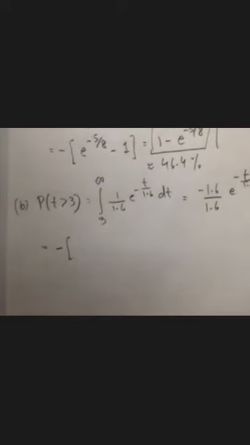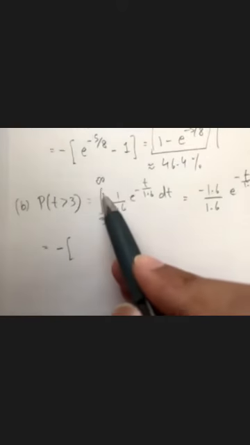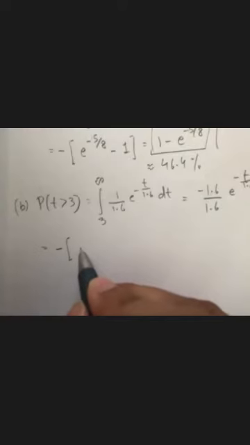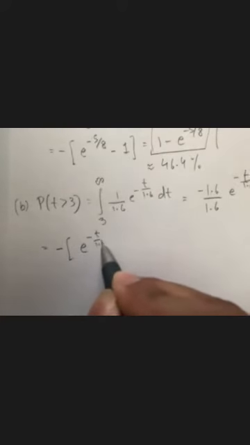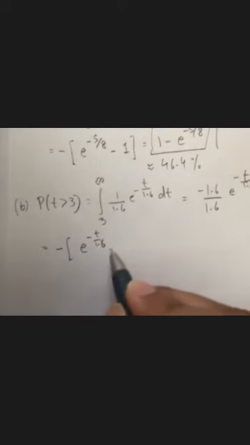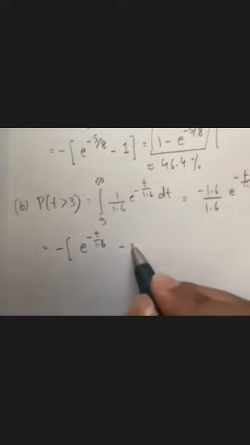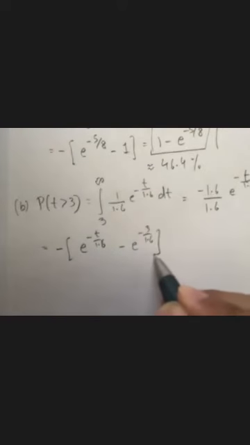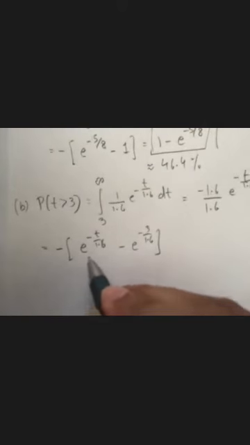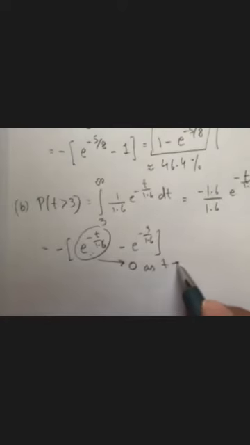Now here, although this is an improper integral, you can just write that, and you can say that this term goes to 0 as t goes to infinity.